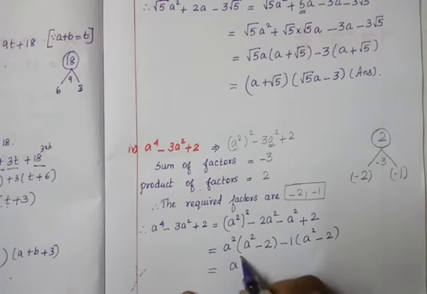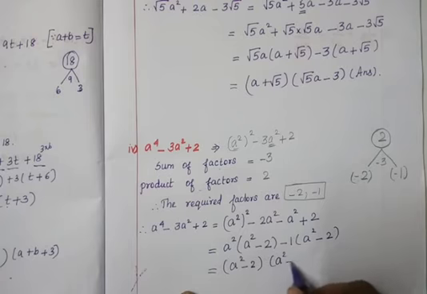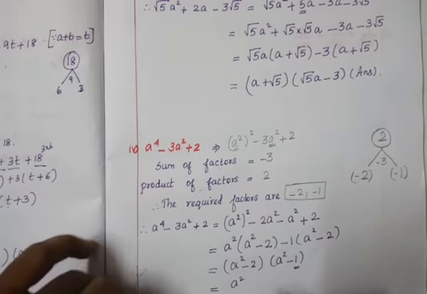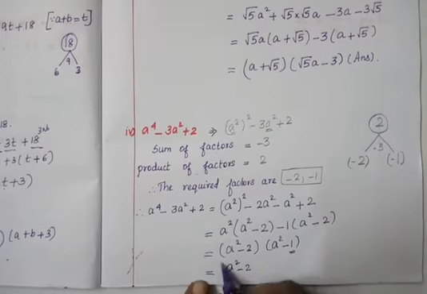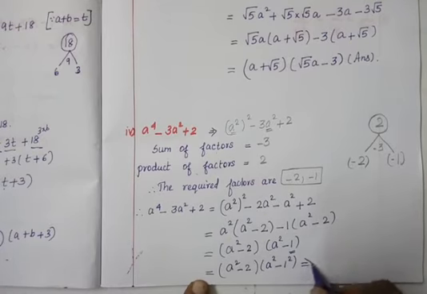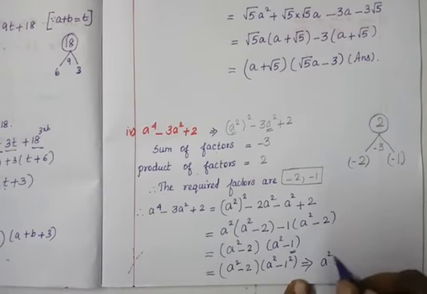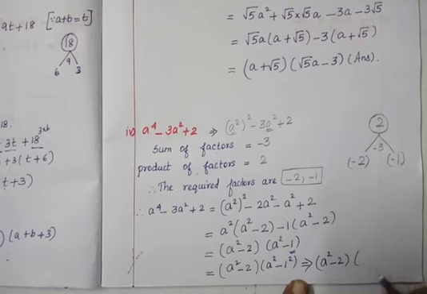A square minus 2 is common to both the terms, then a square minus 1, this 1 means 1 square. So a square minus 2 into a square minus 1 square. So this can be written like this, a square minus 2 into a square minus b square identity we have to use. That is a minus 1 into a plus 1. This is the answer.